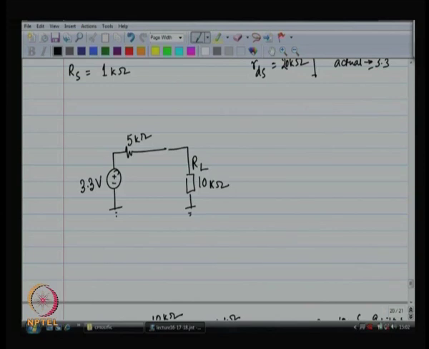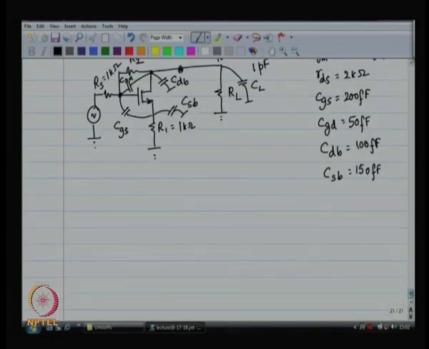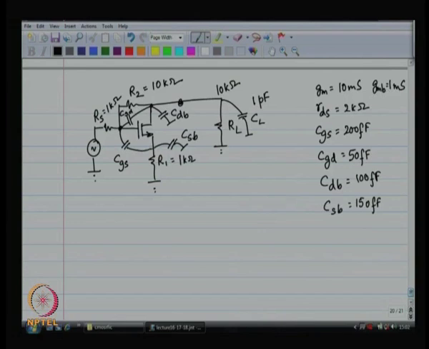So, that means that 2/3 of 3.3 is actually going to be transferred to the output, which means that my net gain is actually only going to be about 2.2 times the input. Net output voltage is only 2.2 times the input. All right, minus. So, keep this in mind. Right, please keep that in mind.